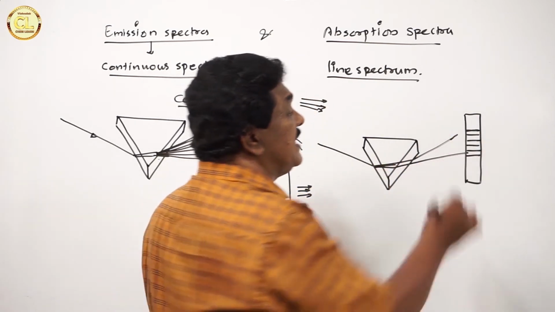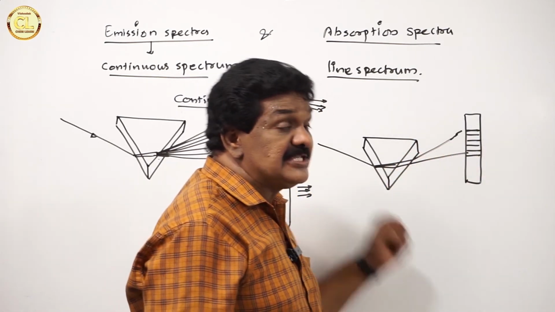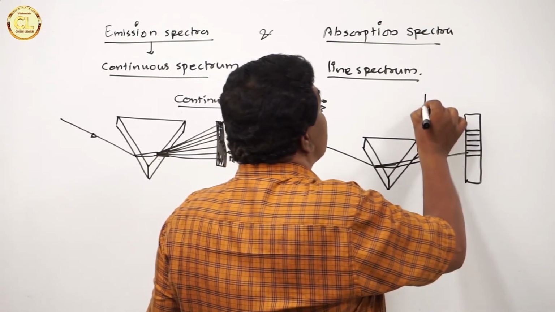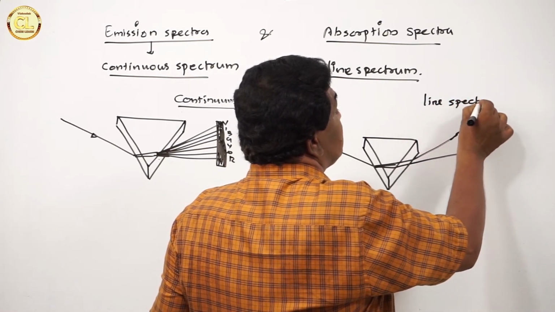Thus obtained spectrum is called line spectrum or line emission spectrum.